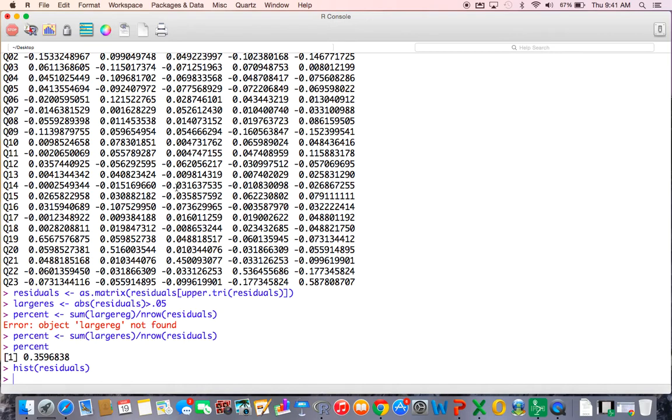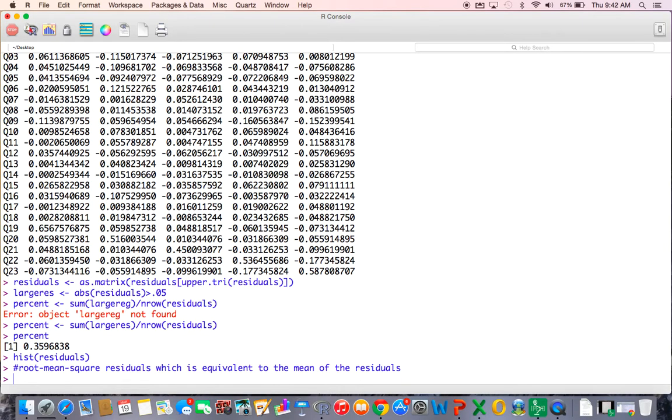Next thing we'd want to look at is the mean of the residuals, and another threshold for problems would be if the mean of the residuals was above 0.08. Now, we don't actually find the mean of the residuals. What we find is called the root mean square residual. This is equivalent to the mean of the residuals, because you've got a bunch of residuals that are negative and a bunch that are positive, so we need to address that.